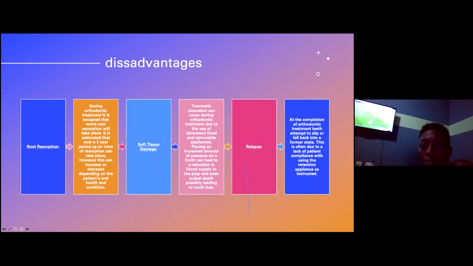So they're more likely to get relapse. Hence we use various types of retention for adult patients, and different types of retention appliances for teenagers or young patients. But we'll look at this again further on within the PowerPoint presentation.